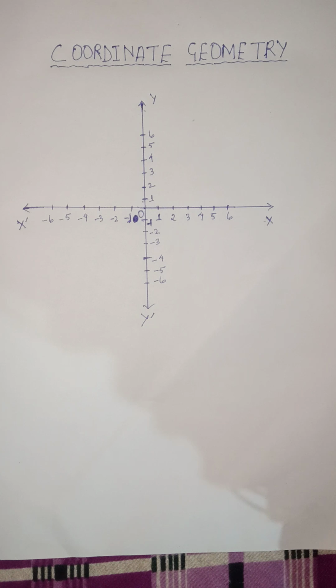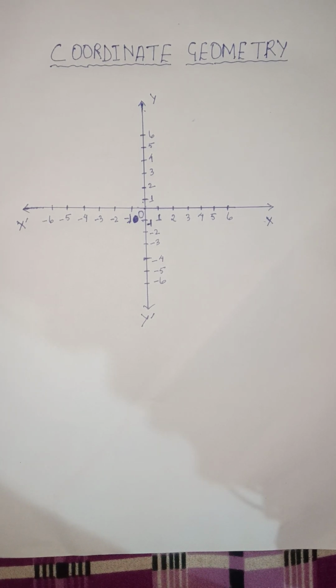So this is the basic definition of coordinate geometry, and from that we have to understand some definitions like Cartesian system, number line, x-axis, y-axis, origin, positive directions, negative directions, right? And at last we'll come to quadrants, first quadrant, second quadrant, likewise.